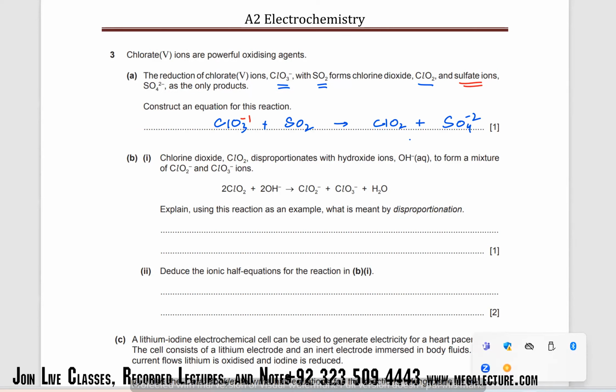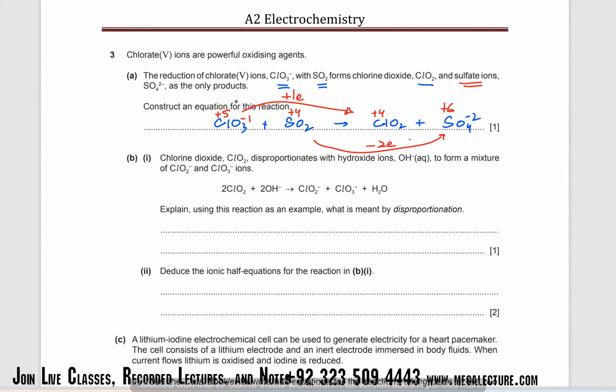What's the oxidation state? +5. अच्छा ठीक है, दिस इज +5। और यहाँ पे इट्स आई थिंक +4, राइट? तो इसका मतलब इट गेन्स 1 इलेक्ट्रॉन, राइट? अच्छा, सल्फर क्या है? सल्फर इज आई थिंक SO2 था +4 एंड ऑन द अदर साइड इट्स +6, so that means it loses 2 electrons.